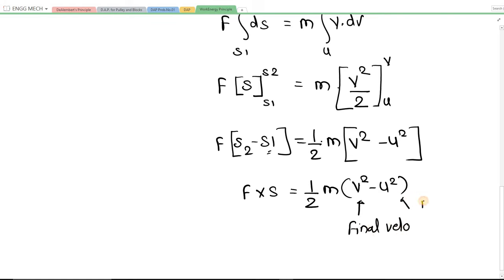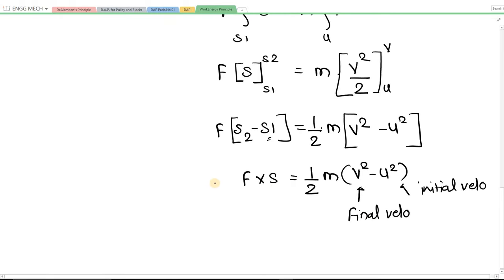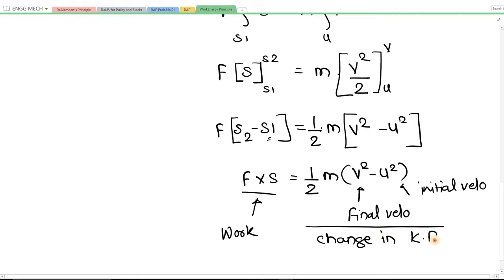Now if you want to see how this expression comes to the work energy principle, see, F into S stands for work, force into displacement, and this RHS stands for the change in kinetic energy.